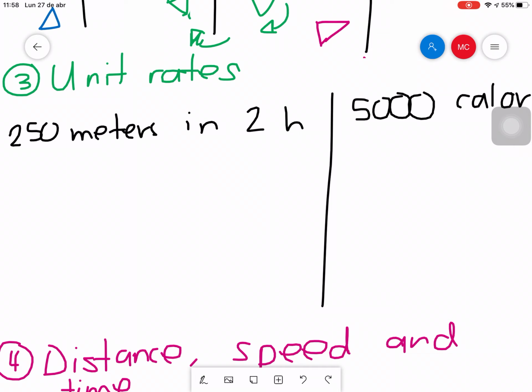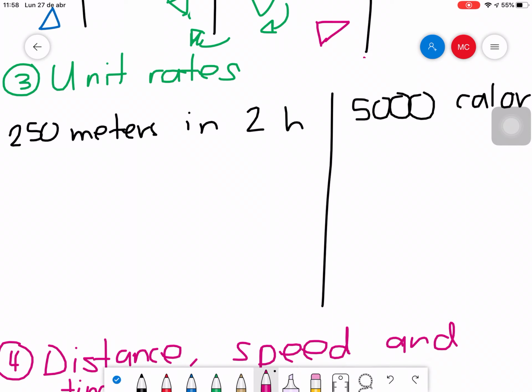So let's read the first one. It says I have 250 meters in 2 hours. Let's suppose that a person told you I ran 250 meters in 2 hours, okay? And then you are trying to see how many meters that person ran in 1 hour.